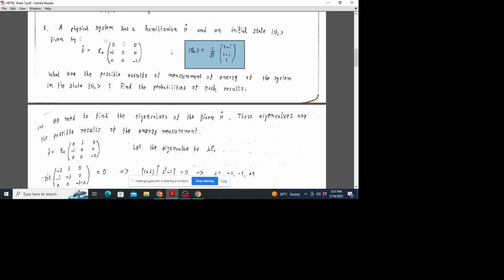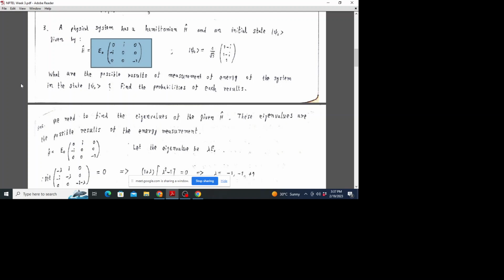We will find the Hamiltonian eigenstates, and we would like to find psi naught as a linear combination of energy eigenstates.